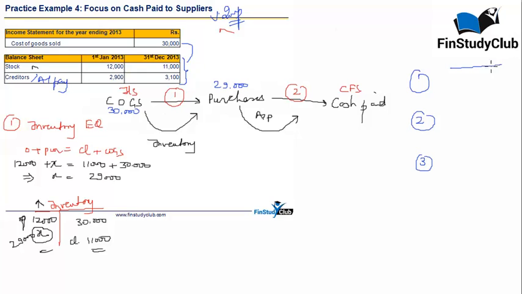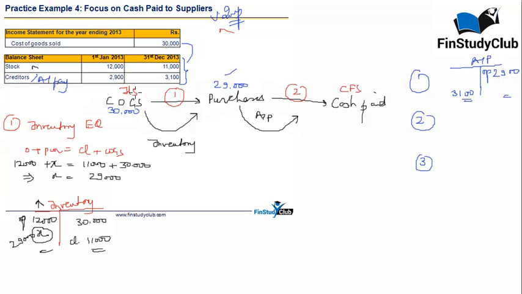Now I'm going to follow pretty much a similar process, step 2, explanation 2, or the equation form of 3. So if I were to make a ledger account of accounts payable, my opening is 2900, which is right here. Your closing is 3100, which is here. During the year you have made purchases.